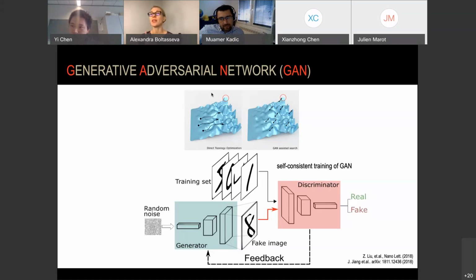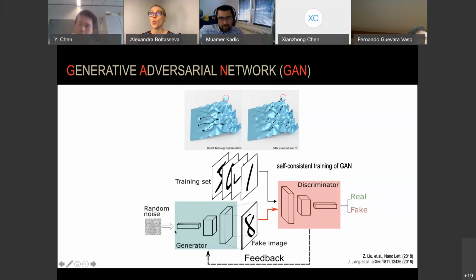No. The discriminator is not doing that. The discriminator and generator do not care about how fabricatable your design is. So all the boundaries are in your training set. So your training set is made in such a way that these designs are robust and these designs do not contain features less than 40 nanometers, because that's what we use in direct optimization.